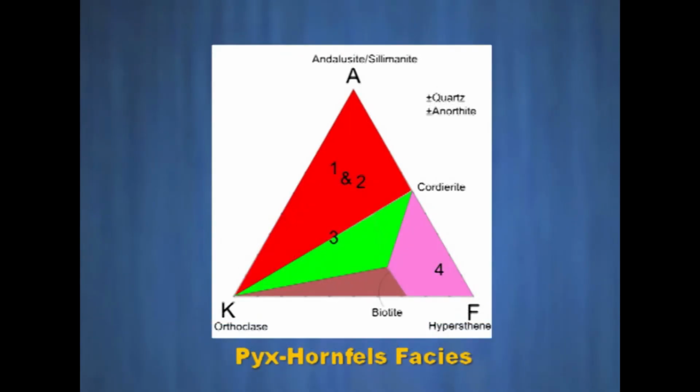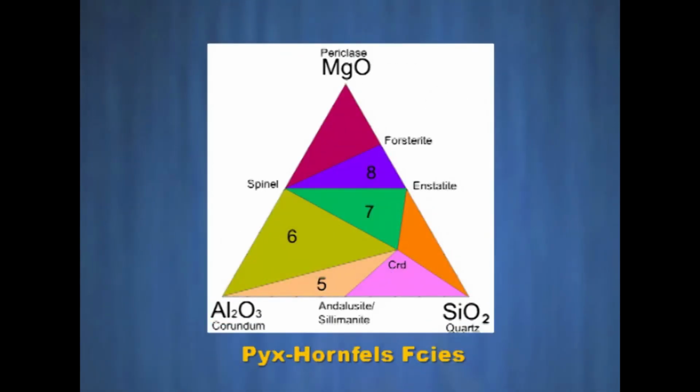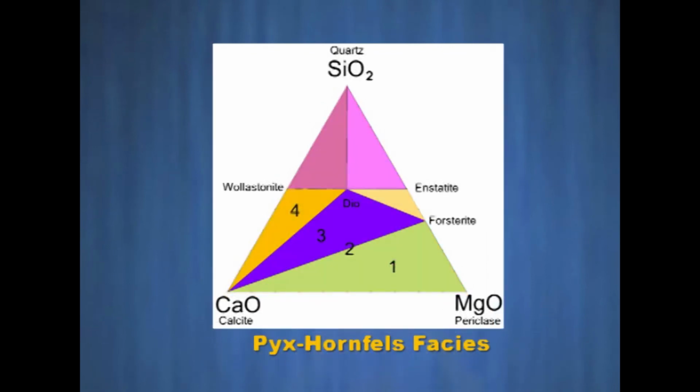The important characteristic minerals in this facies, the chemographic phase relationship with the help of ACF, AKF, Al2O3, MgO, SiO2 and CaO, MgO, SiO2 diagrams, and the mineral assemblages for the pelitic, basic, calcareous and silica deficient rocks, and finally the physical condition of metamorphism during pyroxene-hornfels facies.